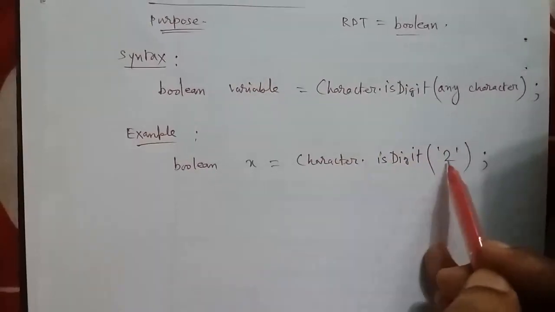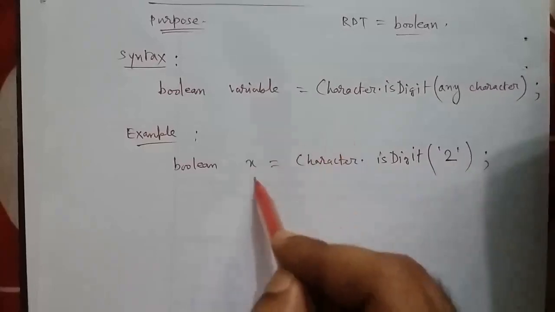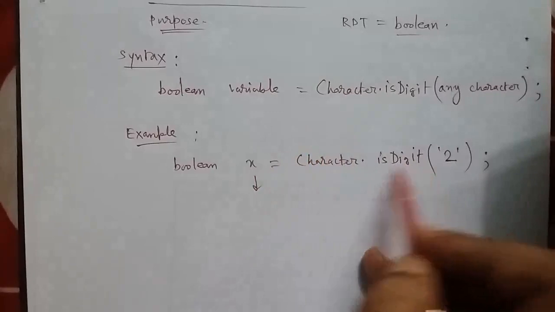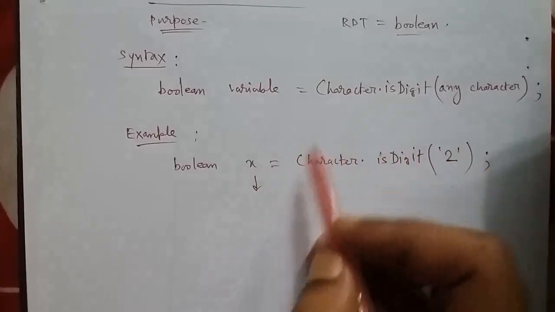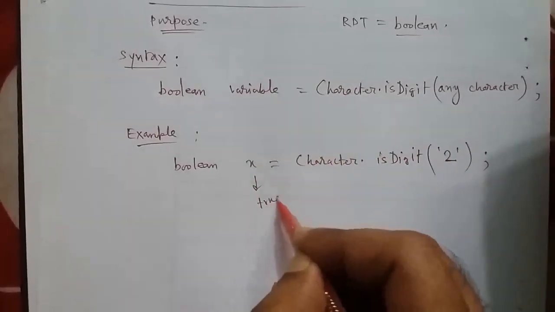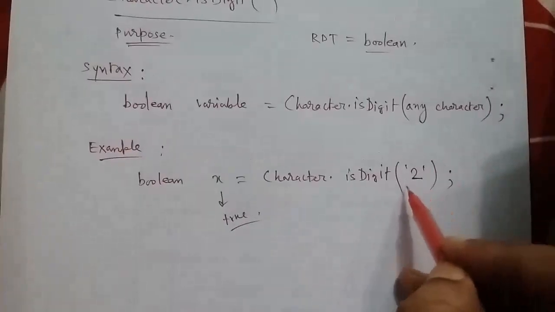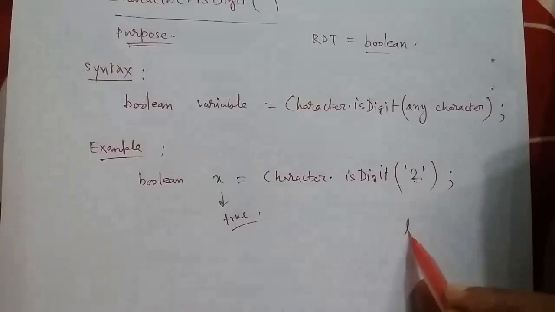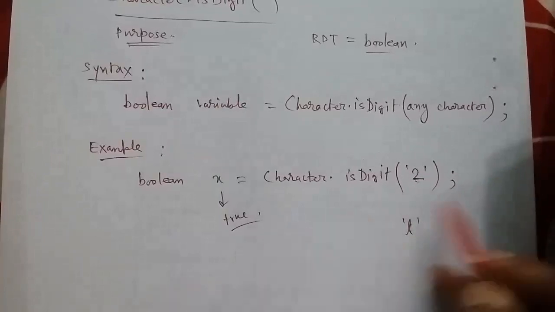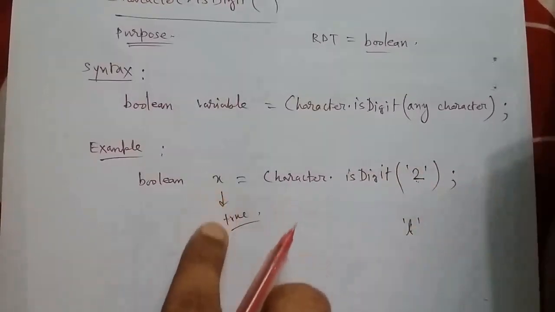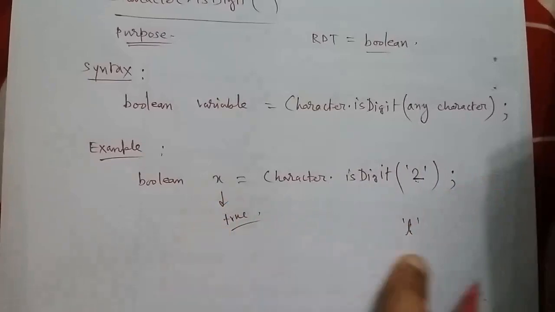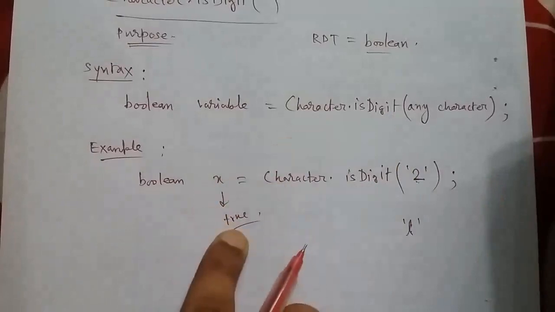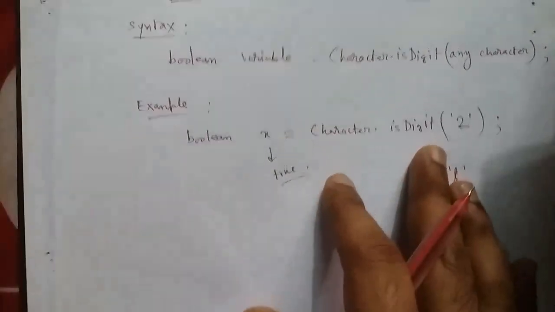So 2 is a digit. That's why Character.isDigit will return true, and it will be stored in x. So here in this case true. If this argument is suppose small l, then l is not a digit, so in that case Boolean x will return false. So if it is a digit, then only it will return true, otherwise it will return false.